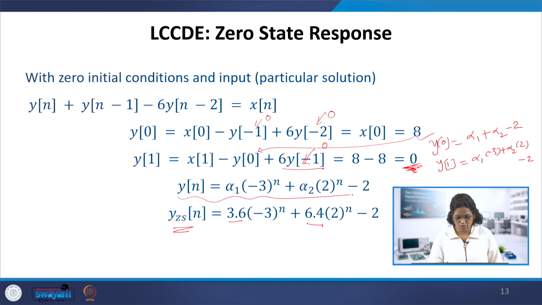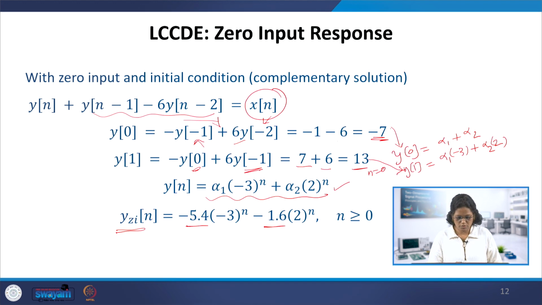Note that the complementary solution plus the particular integral is used in the zero state response, whereas for the zero input response, we made the input 0 and used the initial conditions, the response due to initial conditions, for which only the complementary solution is used. If we add the zero input response and the zero state response together, we get y of n, the total solution.